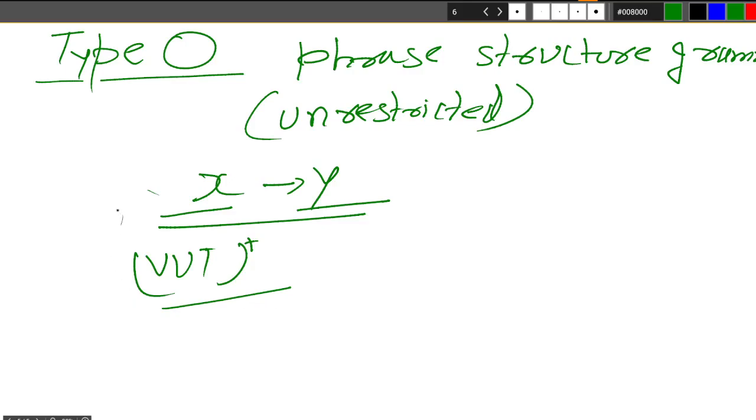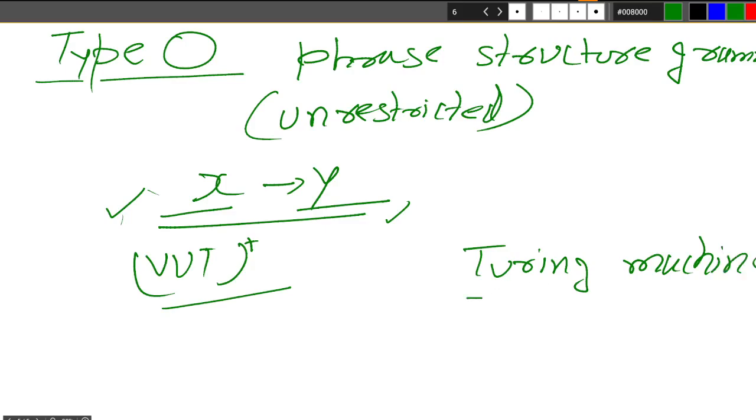Such type 0 rules will be used for Turing machines, I should say. You have seen these things maybe in your formal automata classes.